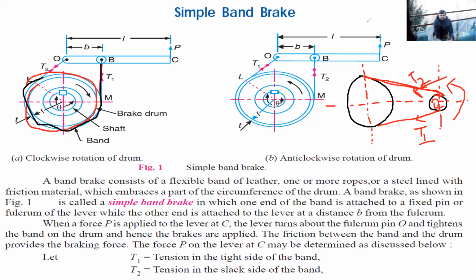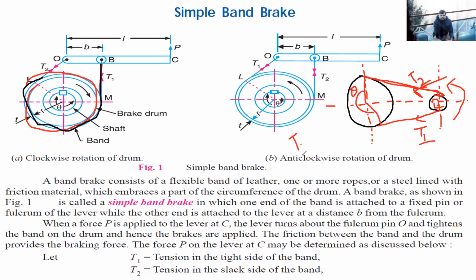Similarly, in case of belt drive you might have studied the angle of wrap, right? The portion over which this belt is in contact with the pulley is called theta, the angle of contact or the angle of wrap. And what is the relation between these two tensions?